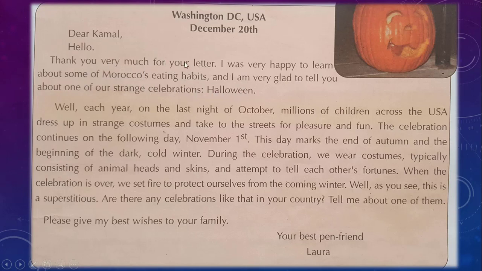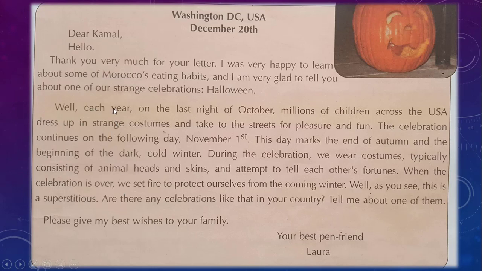Basically in this paragraph, she thanked you for the letter you sent to her before, and she told you what she is going to talk about. The objective of this first paragraph is to thank the person to whom you are sending a letter for his last letter, if he sent you a letter.